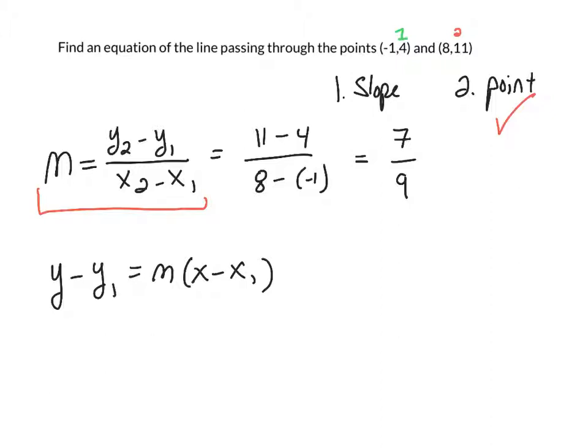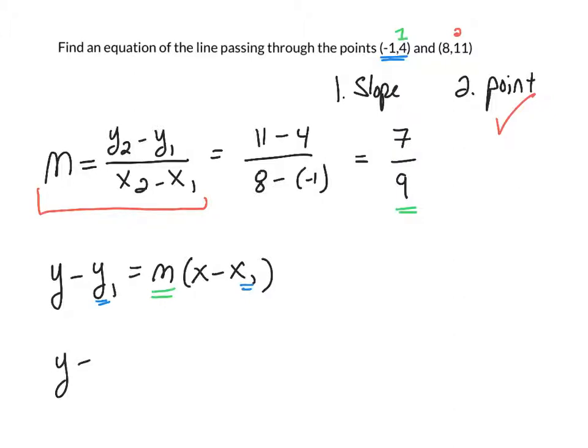All right, so what do we need? The first thing I need is my slope, which I have over here. And then I need a point, I need x1, y1, which I have up here. So let's go ahead and plug our information in, and we will be good to go.